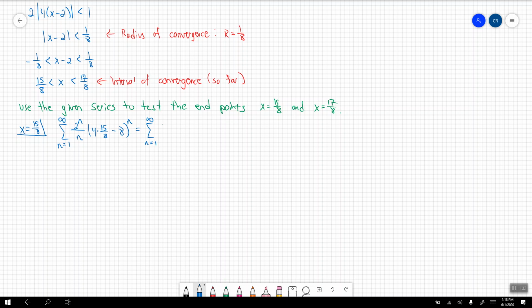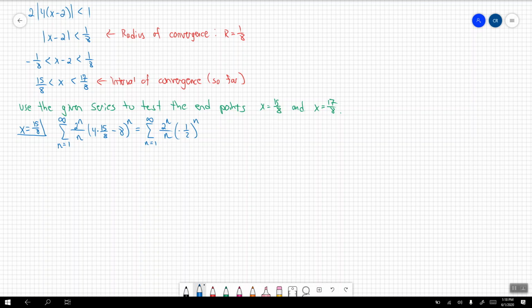This is now 2 to the power of n divided by n. 4 times 15/8 is 15 halves, minus 8, that should get us negative 1/2. So this is going to be negative 1/2 to the power of n. Not too bad.